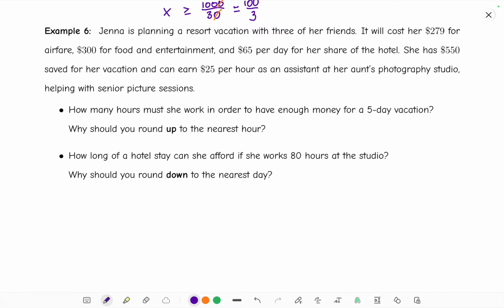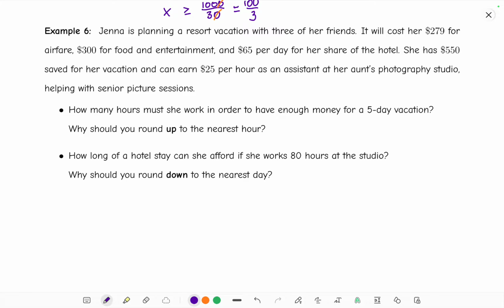How many hours must she work in order to have enough money for a 5-day vacation? Why should you round up to the nearest hour? And then how long of a hotel stay can she afford if she works 80 hours at the studio? Why should you round down to the nearest day?